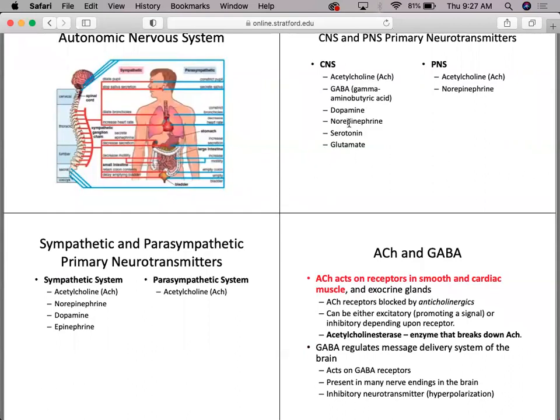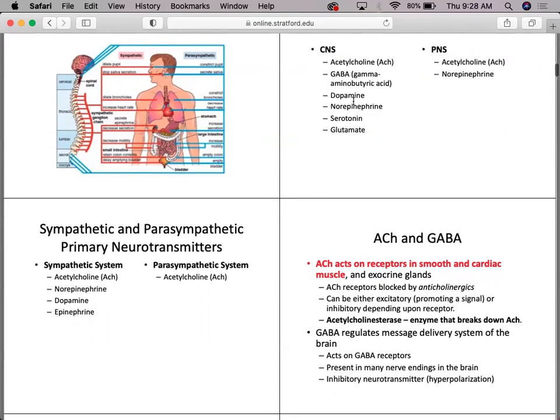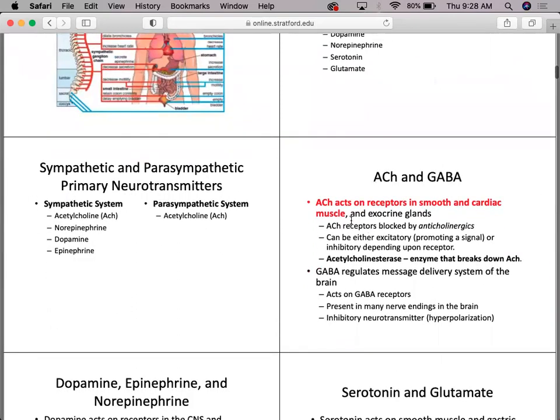Like gabapentin for anti-seizure, antidepressant, antipsychotic medication. That's the all-of-the-above example that I gave in that lecture. Know that it has blocking or negative effects.